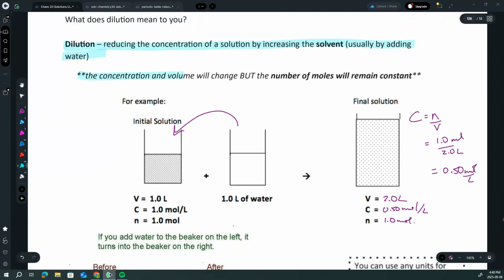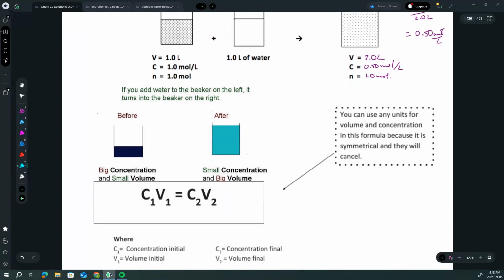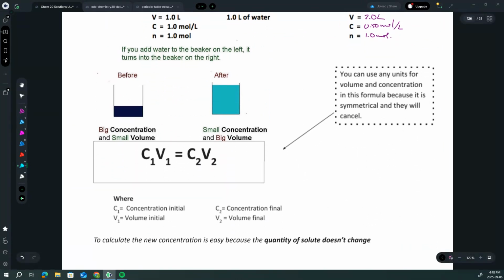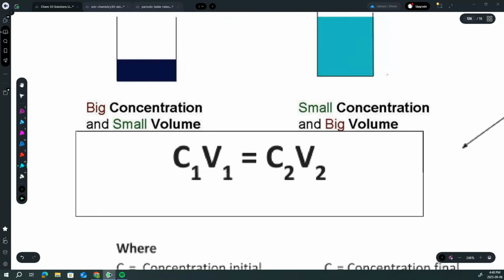So let's take a moment to highlight this part here. The formula that we use to calculate new concentrations of diluted solutions, or to figure out the original concentration or the original volume of what we used for the original solution, is C1V1 equals C2V2.